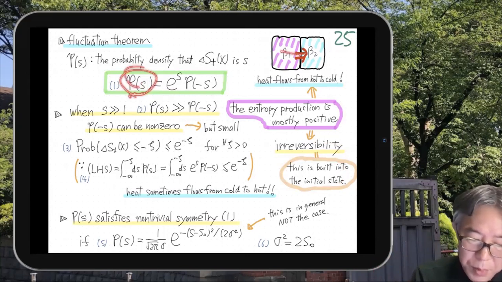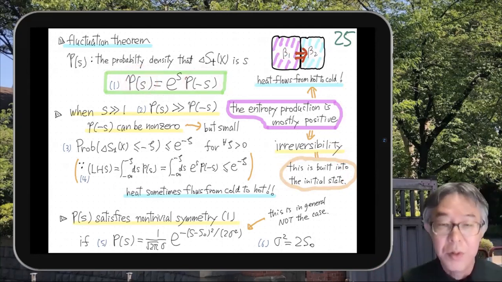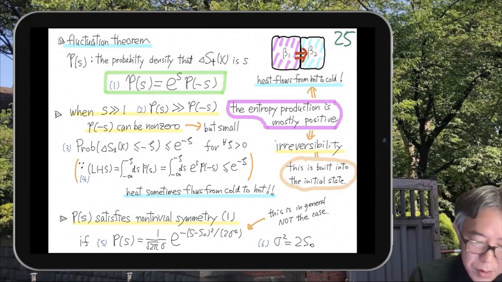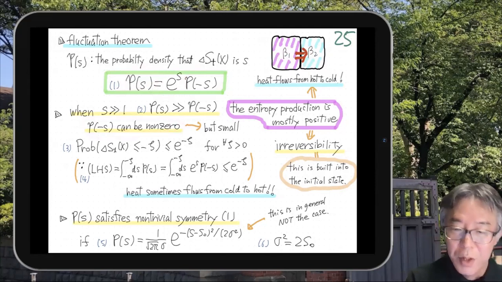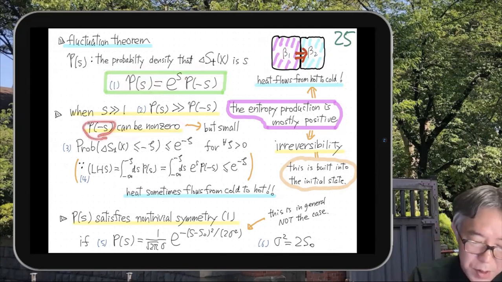It describes the probability that this natural thing happens. Then if P_S is non-zero, this tells you that P minus S is also non-zero. This is interesting: P minus S describes the probability that heat flows from cold to hot, and this is non-zero. But of course, it cannot be very large.